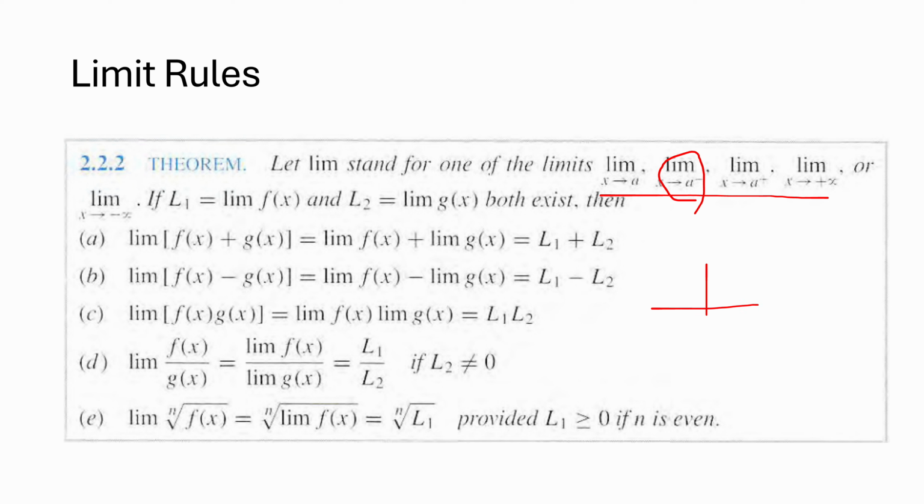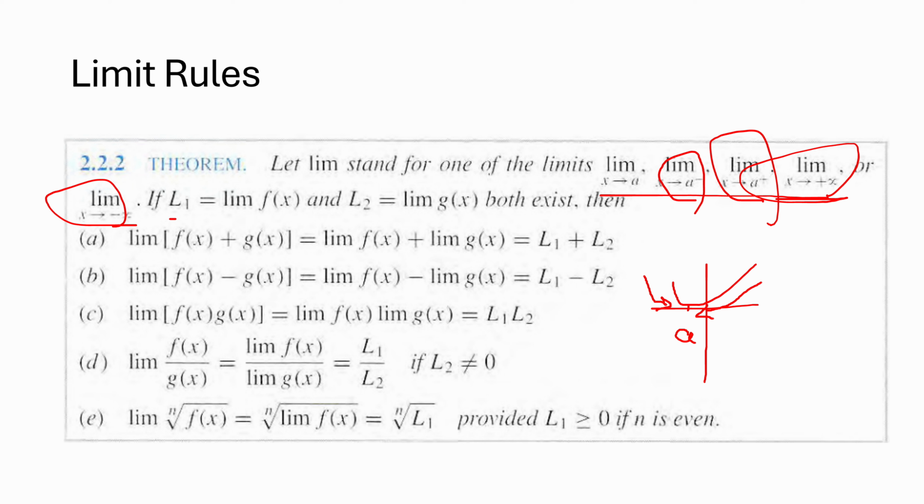Basically, what limit x goes to a minus and x goes to a plus means is that, for example, if here's a, limit as x goes to a minus is the value it approaches from a value smaller than a, and limit as x goes to a plus is if you approach from a value bigger than a and you almost reach a, like that. Or limit as x goes to plus infinity, or limit as x goes to minus infinity.